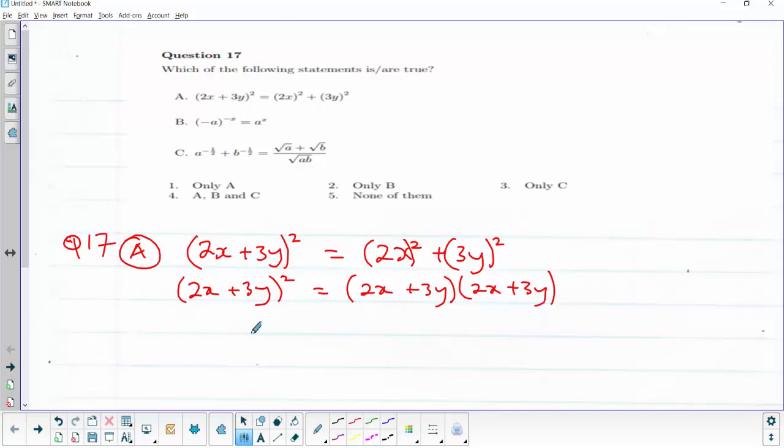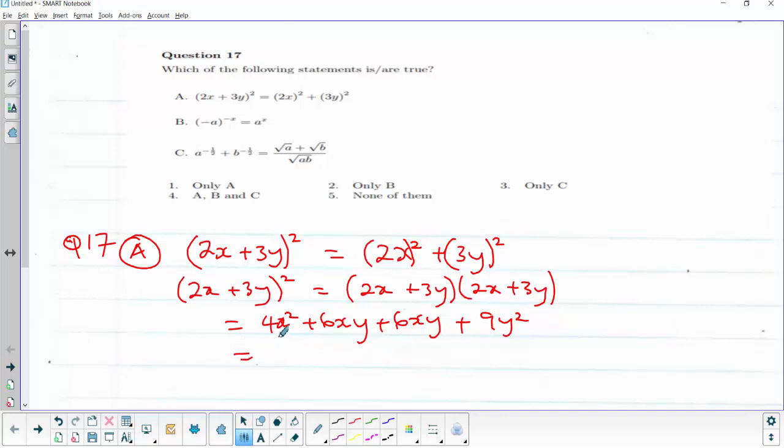We need to simplify this now. 2x multiplied by 2x gives us 4x squared. 2x multiplied by 3y is the same thing as 6xy. And 3y multiplied by 2x is also 6xy. Plus 3y multiplied by 3y is 9y squared.